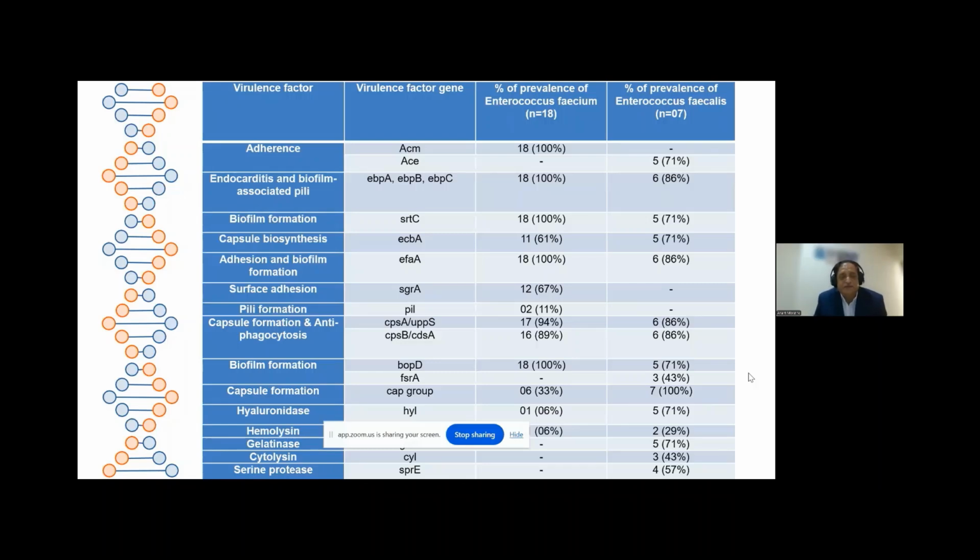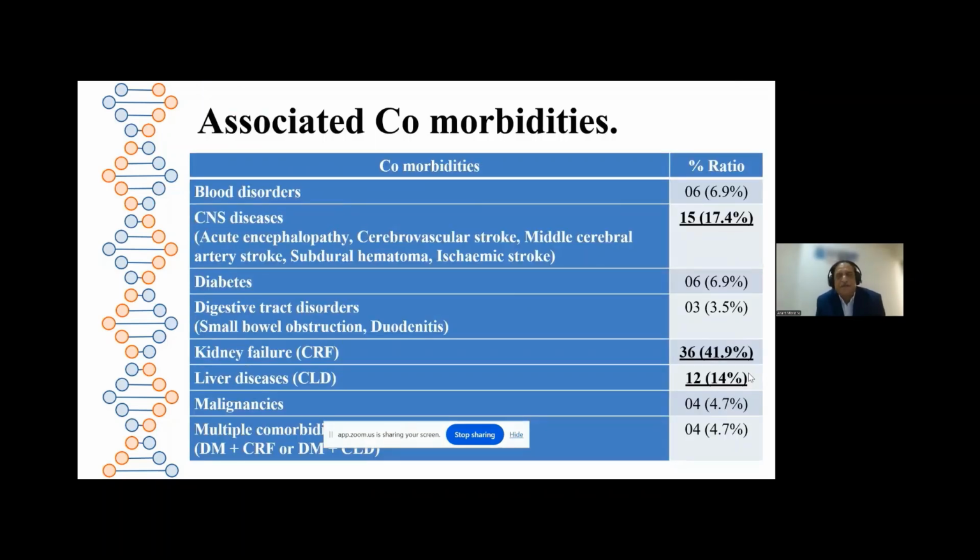Hyaluronidase and hemolysin were found in only 1 out of 18 in the case of faecium and 5 out of 7 faecalis. And the gelatinase, cytolysin, and serine protease are found only in faecalis, but they are not found in faecium. These are the chart of comorbidities that we found.